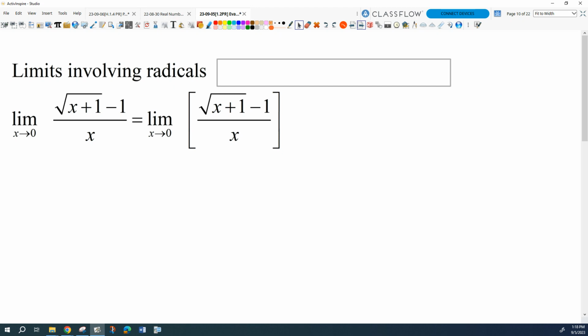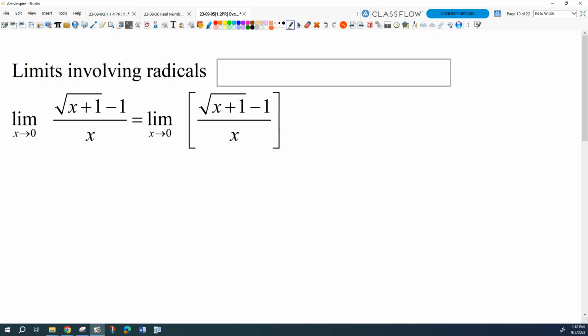Okay, any idea what you do? What in the world could we do there? Now let's think about this logically. What about this problem is really ugly compared to the previous problems? Square root. Yeah, we got a radical in there, right? So the part that's really ugly is this square root part, right?